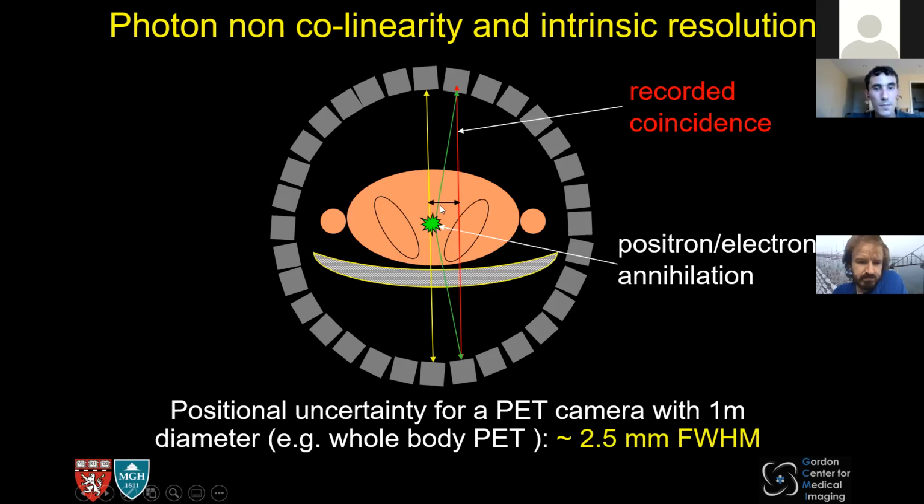And that difference here between the recorded coincidence and the one that should have been detected if the photons were fully collinear is going to be about 2.5 millimeter. So of course, this effect is going to be more important for larger diameter scanners.